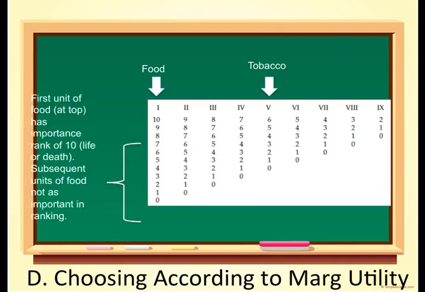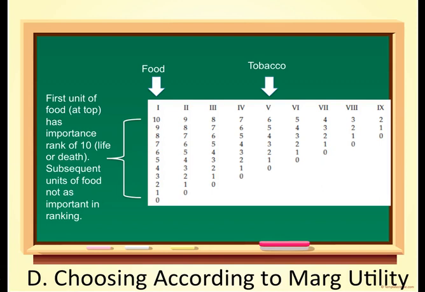And then the fact that the food has a 10 there, that should help us realize that these Arabic numeral rankings have to do with the relative importance. All right, so they're not like measurements of units of utility. It's just their rankings.